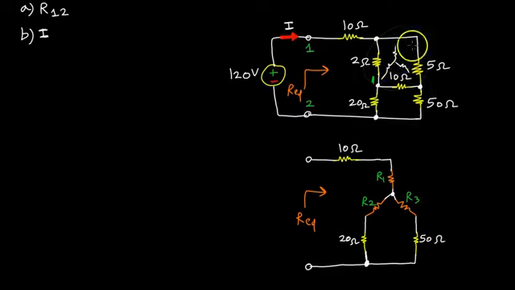What's adjacent to what will help us determine that. So part A is just to find R12, which are these terminals, the equivalent resistance.